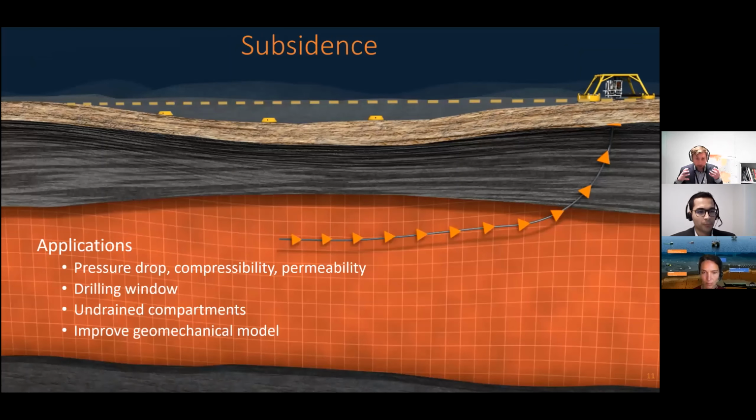When it comes to subsidence, what we are doing is of course, again, going down, measuring the water pressure on the seabed before the start of production. Then after some time, say that you are producing from a gas field again, and you are not experiencing the same support from the surrounding aquifers.